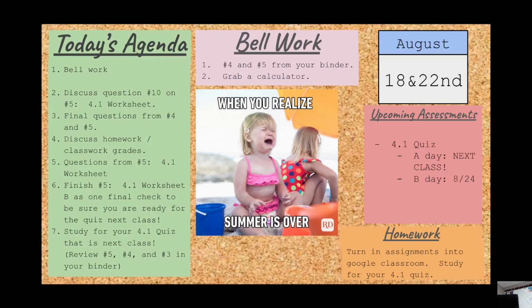Now you've got one more practice quiz unless you worked ahead. And so this is really, if you really are ready to do well on the quiz, then you should not have any issues with worksheet B. So move on to one of those 2 things, start turning those in, or worksheet B.